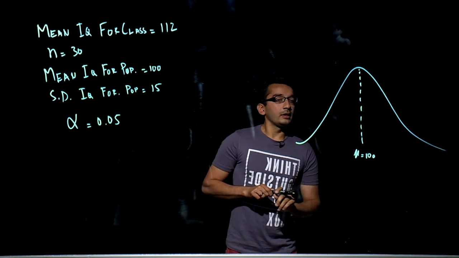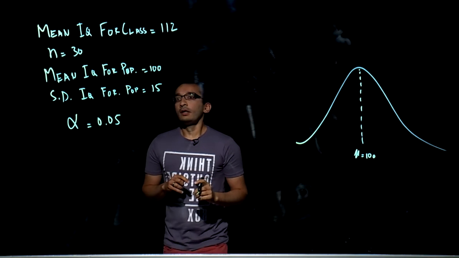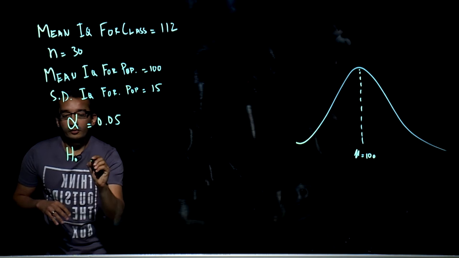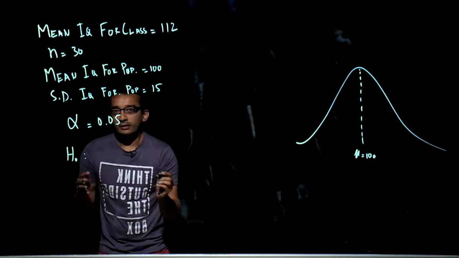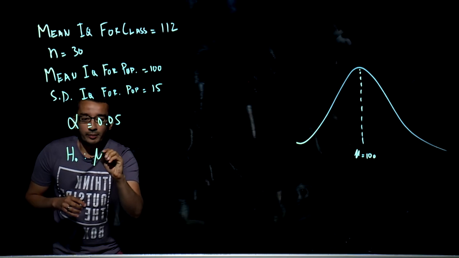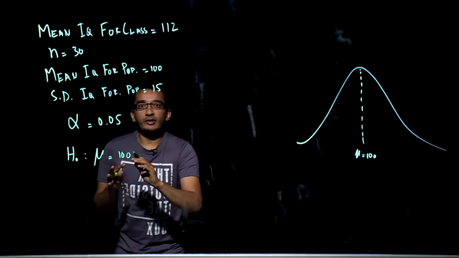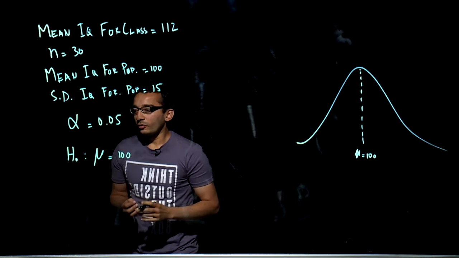The next step is to write our null and alternative hypothesis. The null hypothesis in our case would be, so this H naught is just the fancy way of writing the null hypothesis, mu is equal to 100. So this is the accepted fact. This is the population mean of IQ scores.